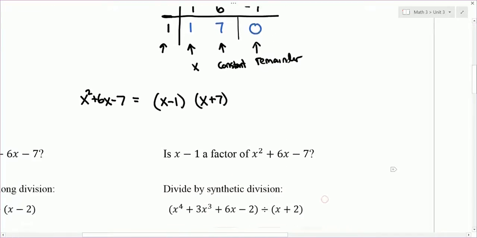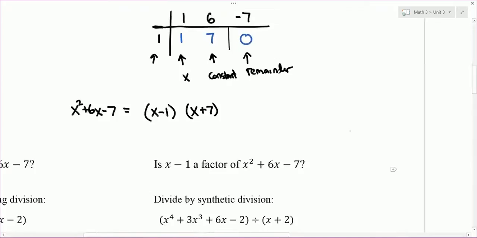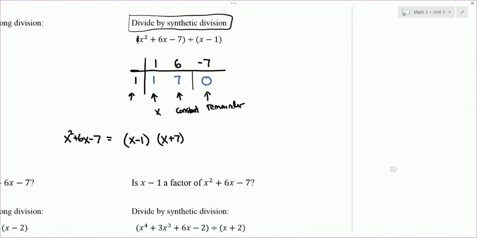So let's try that process again. Well, actually, let's answer this. It's asking, is x minus 1 a factor of x squared plus 6x minus 7? And what you need to know is a number is a factor if when you divide by it, you get a remainder of 0.